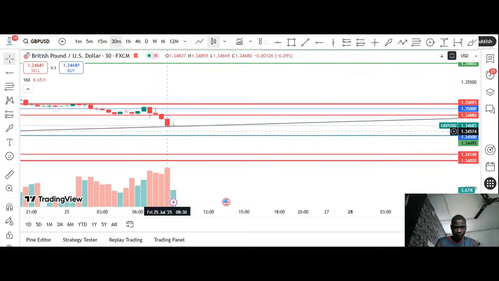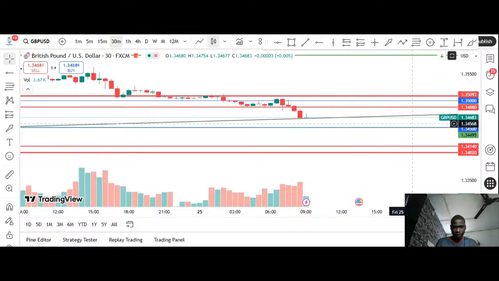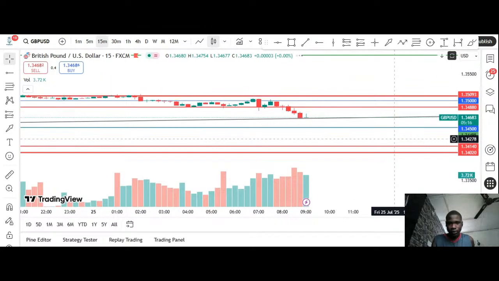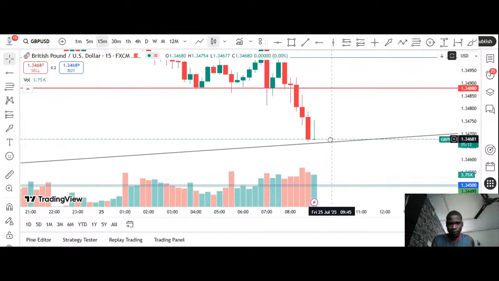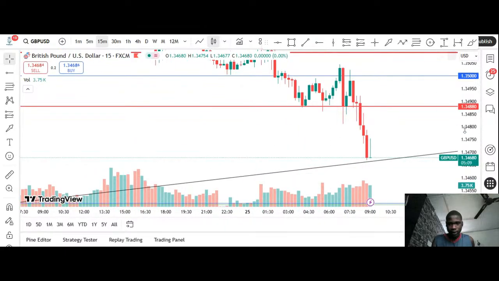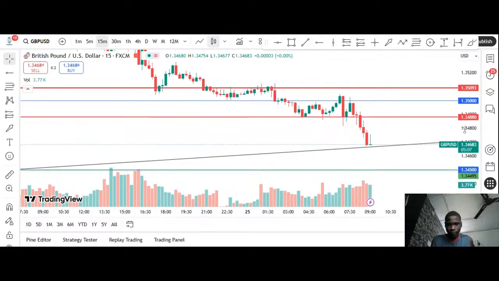Let me see the behavior of price here. Let me see the behavior of price at this point because it's looking very attractive for a sell. A sell opportunity right there. Maybe a quick scalp, a quick sell scalp. Let me scalp this live with you guys.